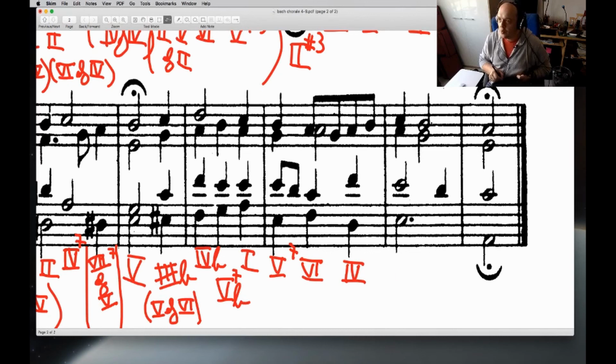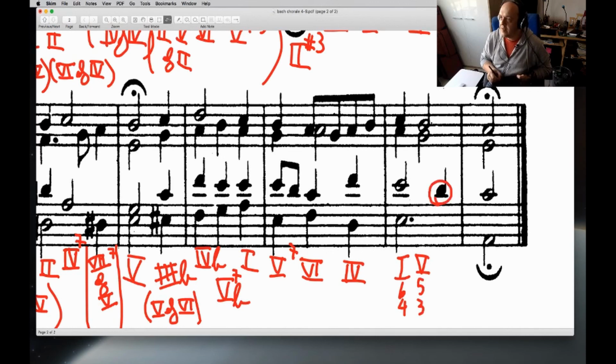You have chord 1 in second inversion, chord 1 is tonic chord in second inversion, followed by the dominant chord in root position, a 6/4, 5/3.